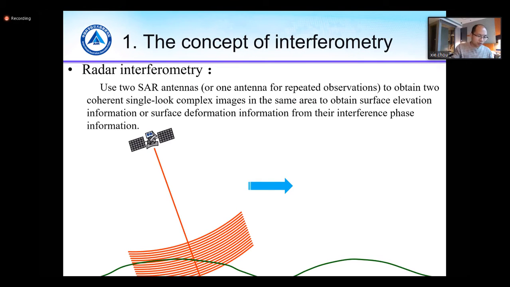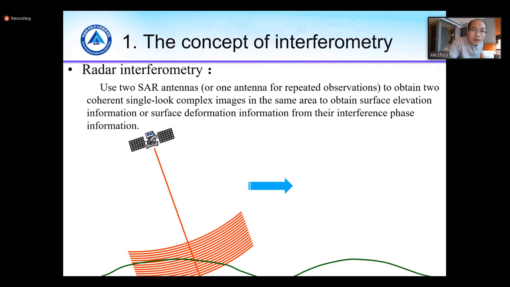First, I would like to give a short definition of SAR and interferometry. SAR is a kind of microwave imaging device. It uses the movement of a flying platform carrying a radar to synthesize a large antenna, thereby obtaining high-resolution images.